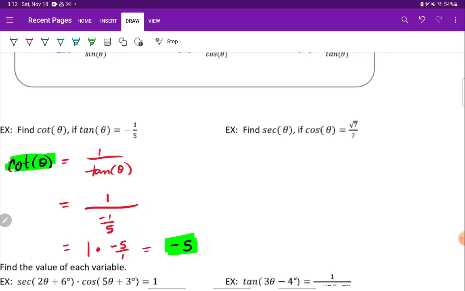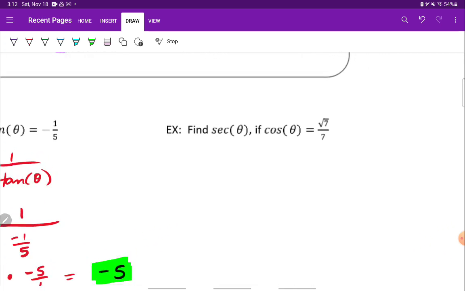Let's do another similar problem. We want to find secant of theta if cosine of theta is equal to the square root of 7 over 7. Well, secant of theta is going to be the reciprocal of that. I think it's easier to just think reciprocal and flip over the fraction than doing this whole 1 over business.